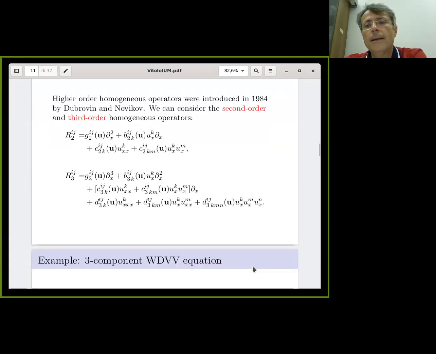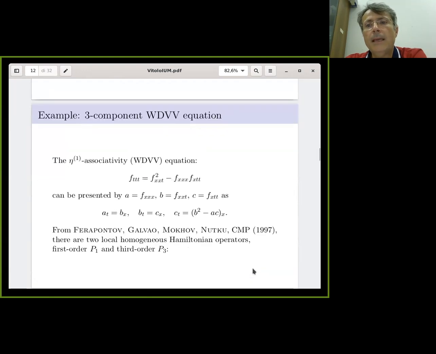Let us see what the operators are for the eta 1 associativity equation in its simplest form, which is the simplest possible instance of the WDVV equation. Let me remind you that the first non-trivial case with respect to the dimension is capital N equals 3.